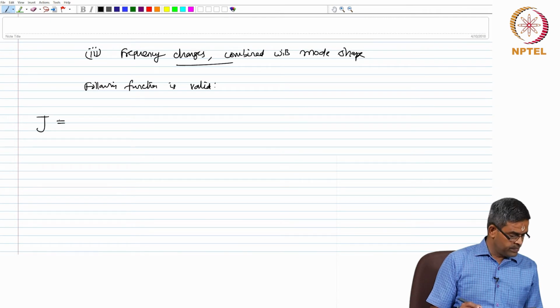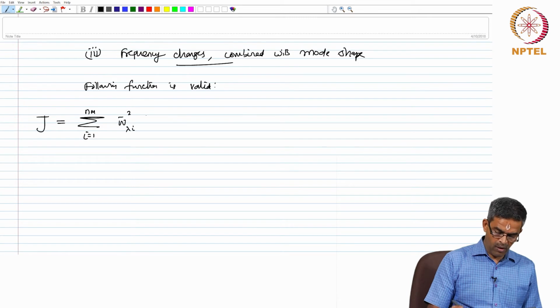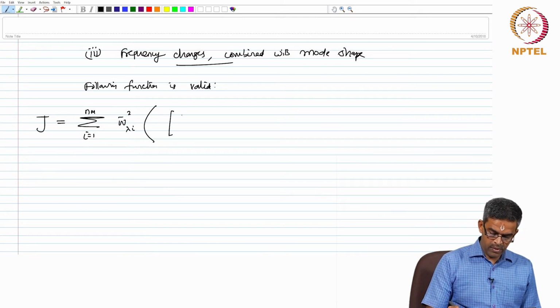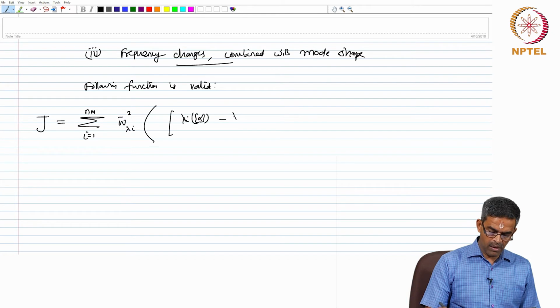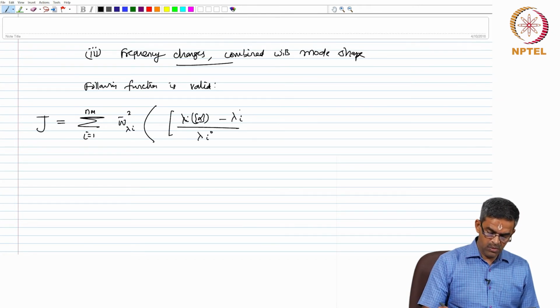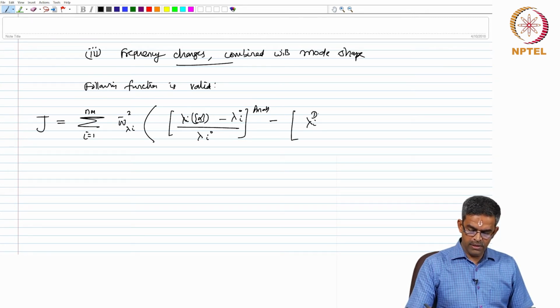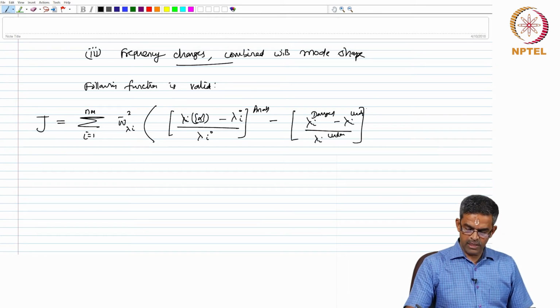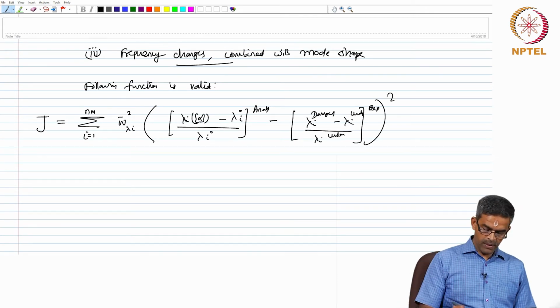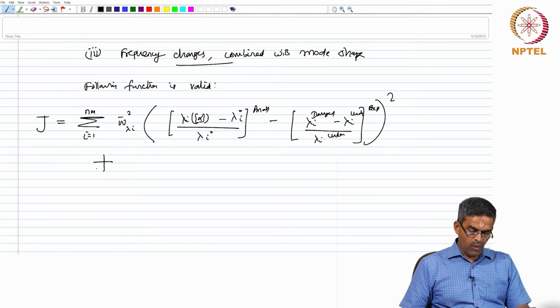J equals the algebraic sum of i equals 1 to Nm, W bar lambda i square of lambda i alpha minus lambda i analytical, minus lambda i damaged minus lambda i undamaged by lambda i undamaged experimental, square, plus. This is arising from one part of the problem.